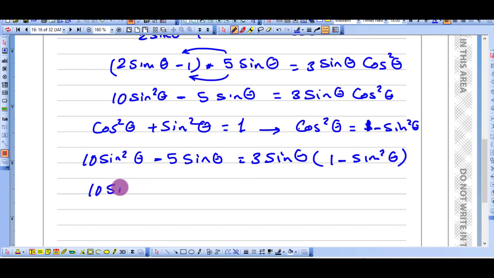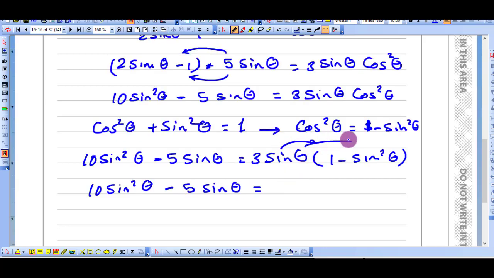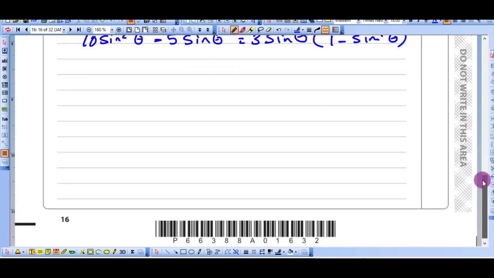So 10 sine squared theta minus 5 sine theta is equal to, let me multiply now, 3 sine theta minus 3 sine cube theta. Let me put all of this on one side.